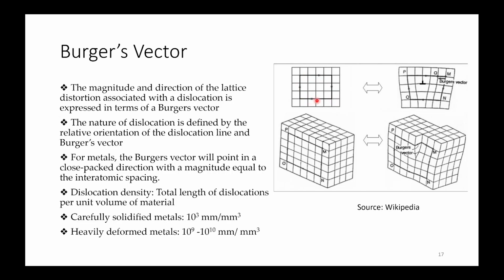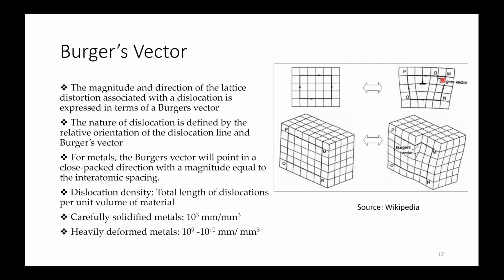If we complete this loop without any addition of vector, then it is a perfect crystal. Inside this there is no dislocation or any other defect. While if we require an addition of this Burgers vector, then there will be the formation of a dislocation or another defect.